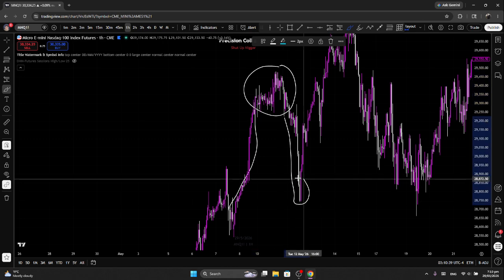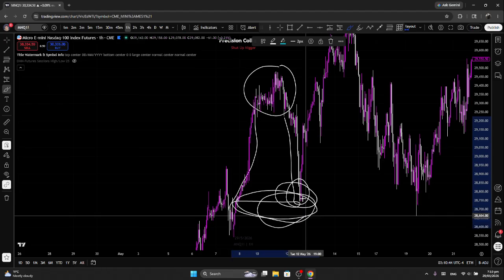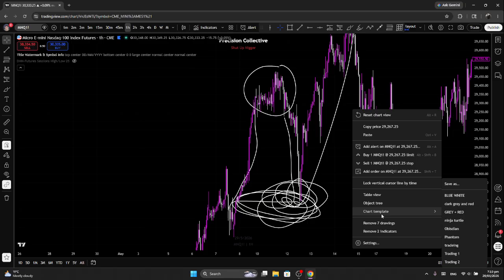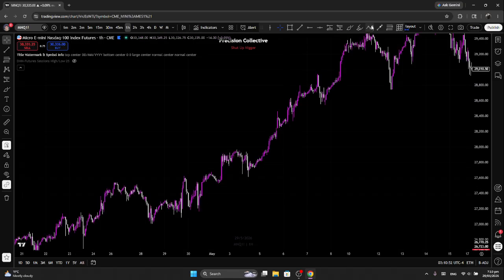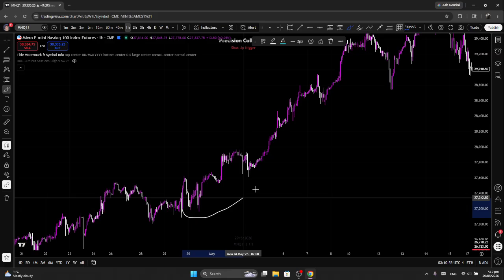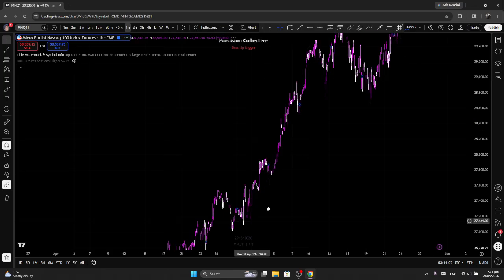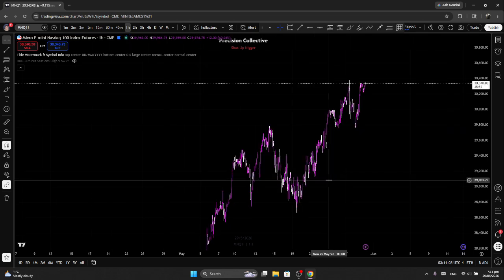Price fills something within this area of the market, then continues higher. This whole move here actually is just up, up, up. And this tells us that we're likely going to continue this. And in fact, we do.